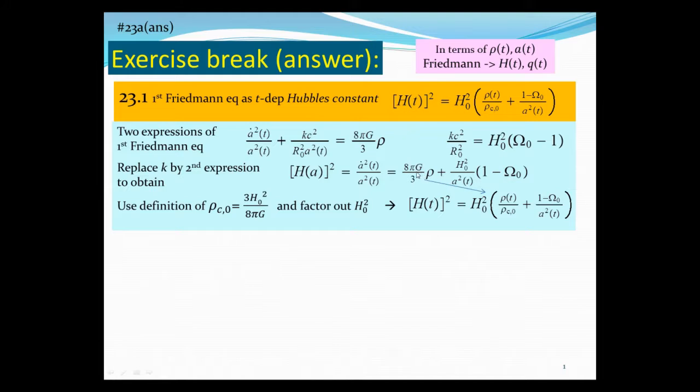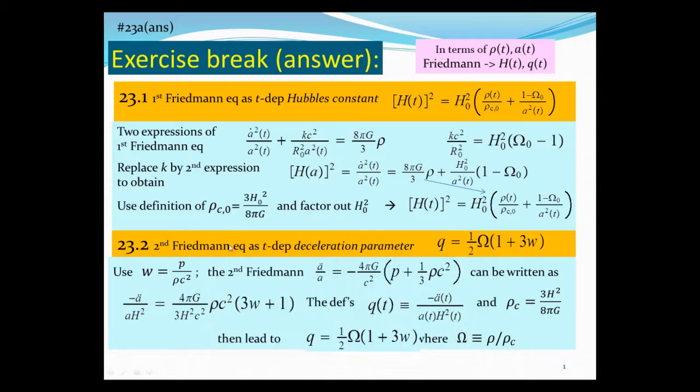Now this term, 8πG over 3, is H naught squared divided by the critical density. So I factor out H naught squared, and I'm left with the density divided by the critical density, which eventually we can write as the density parameter. Anyway, it's density over critical density, and this term just factors out H naught. There's still a squared term here. So that's the expression we're looking for. It's just straightforward substitution.